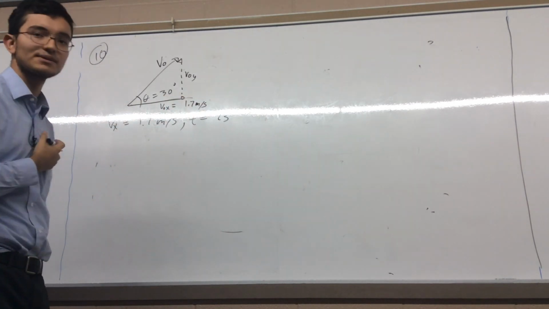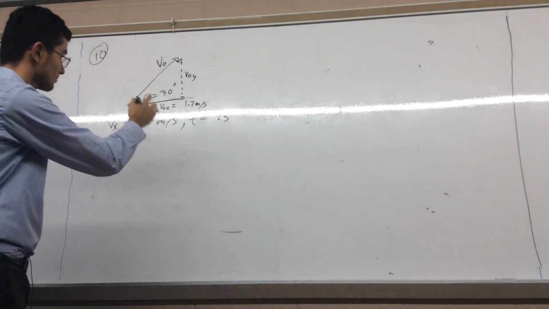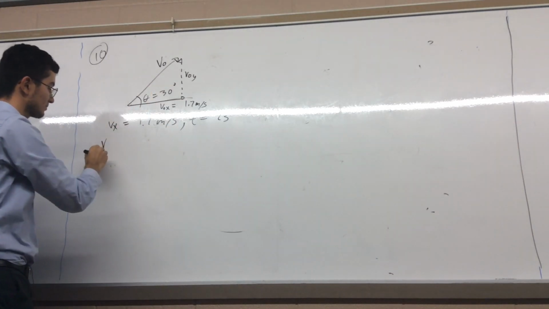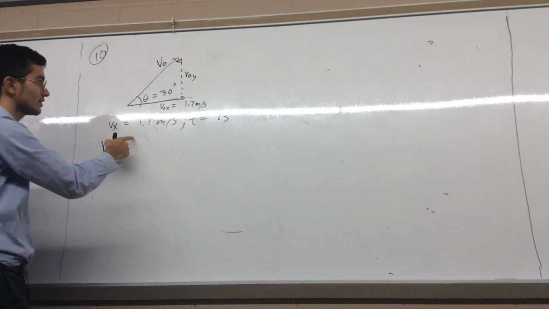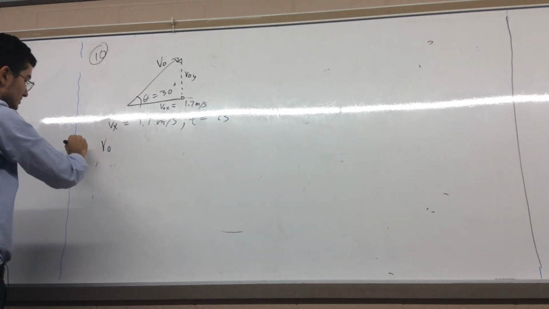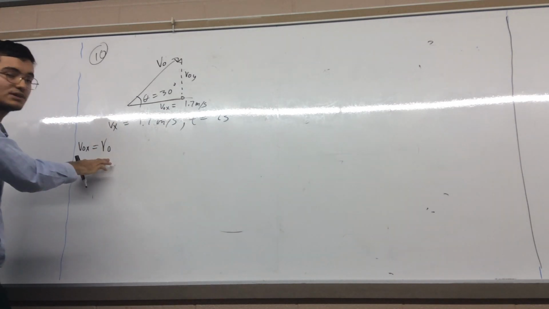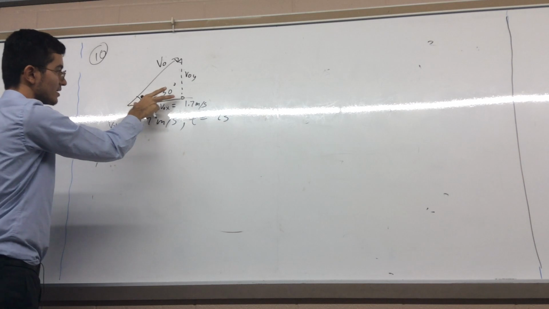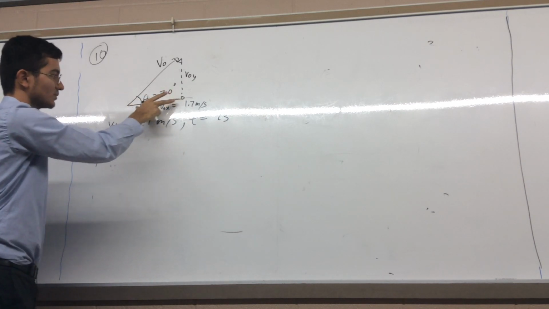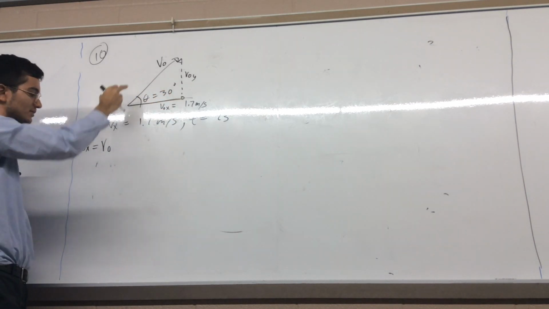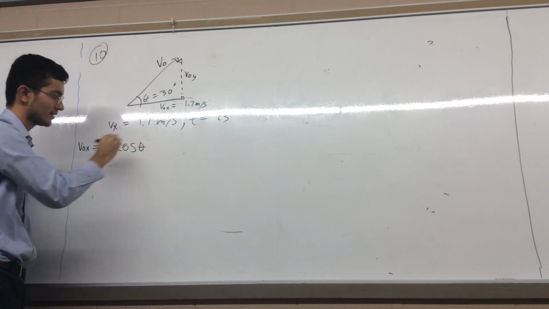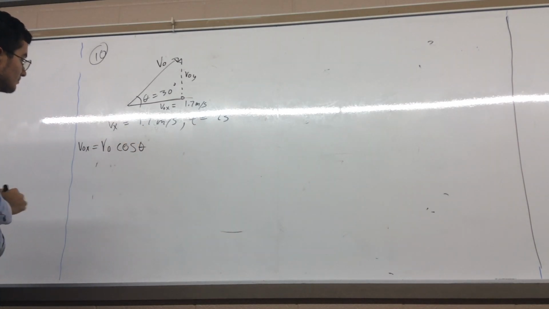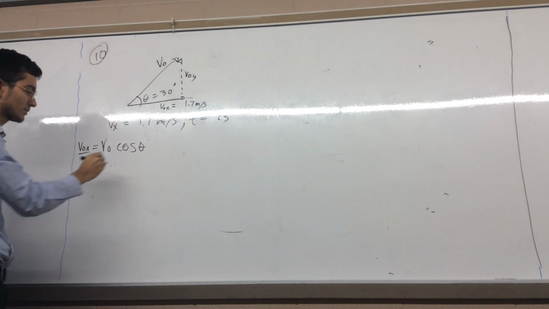And look at that. We have everything we need to find v0. If we find the x component, v0x is equal to v0 times adjacent over hypotenuse, so that's cosine of the angle theta. We know the magnitude of v0x and we know cosine theta.